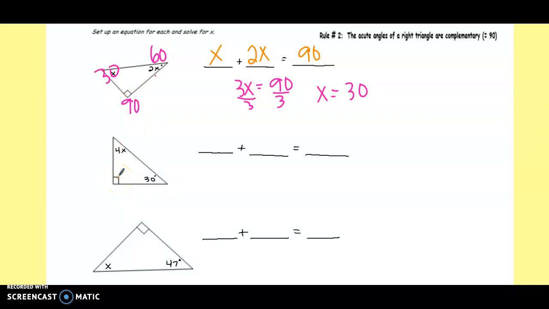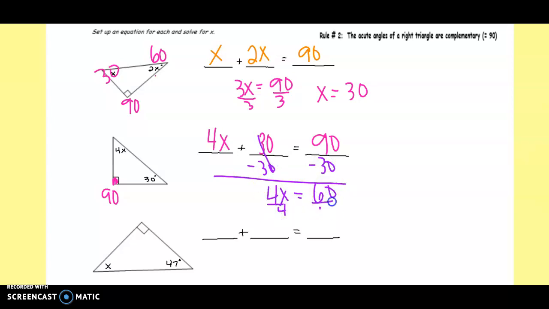Right here, if we're looking, again, this box right here tells us this is 90 degrees. The other two, if I add them together, again, are complementary, equaling 90. So we add 4x and 30 equaling 90. This problem is a two-step equation. We cannot combine any like terms.